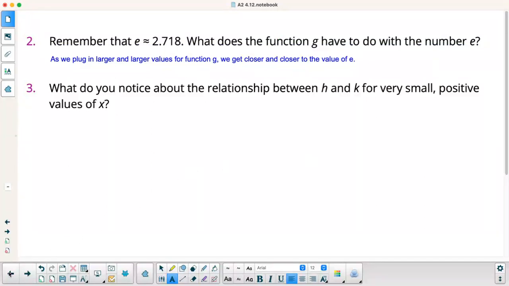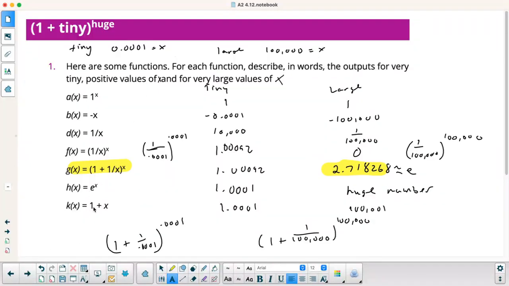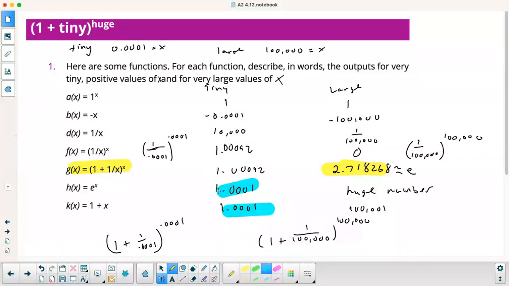So h and k, very small. Looks like they're the same, because very small values, that'd be in this column. Looks like they're the same.